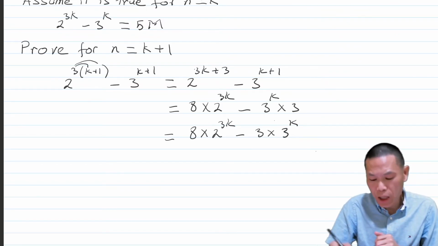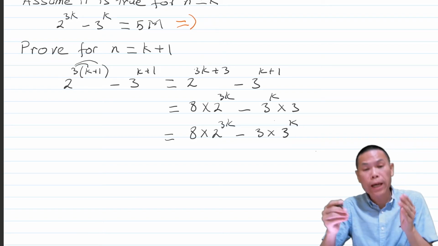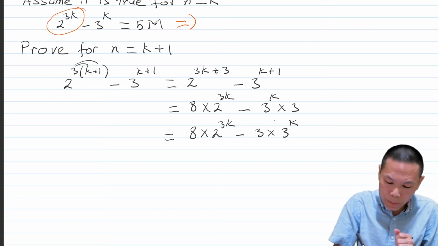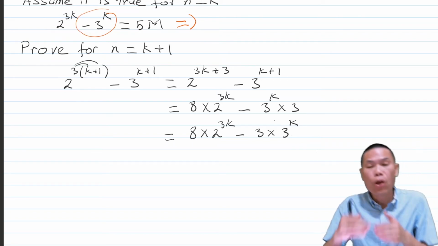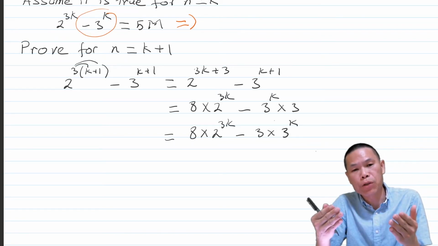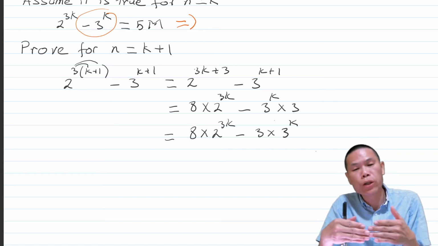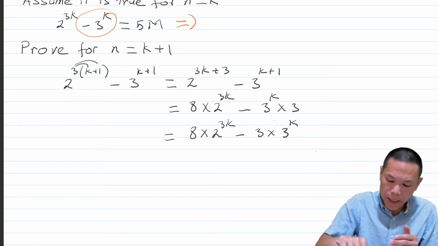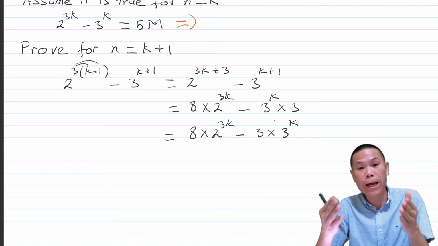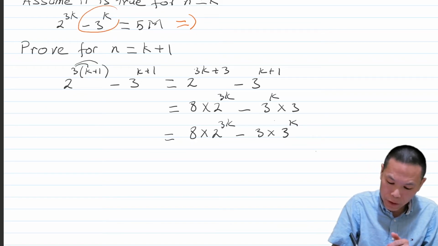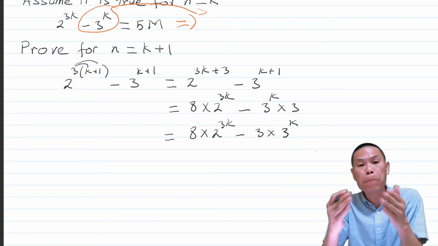Now from our assumption, this one here, we can either make 2 to the power 3k the subject, or I can make 3 to the power k the subject. But because of the negative 3 to the power k, it is easier if I make 2 to the power 3k the subject. So I move this to the other side, it becomes positive.